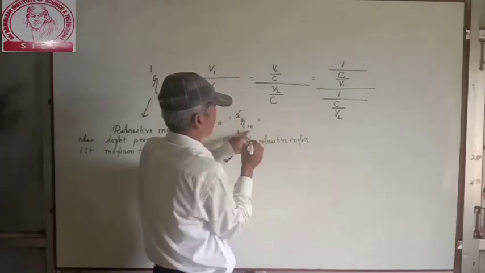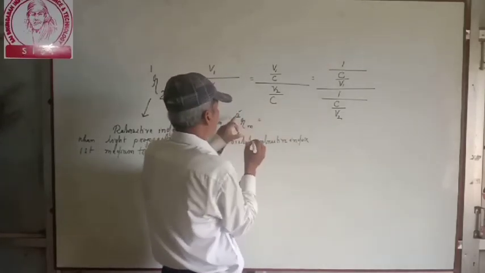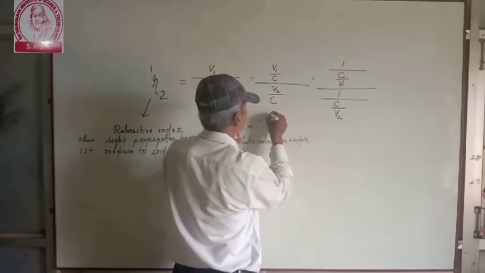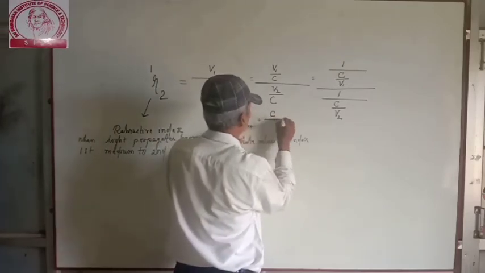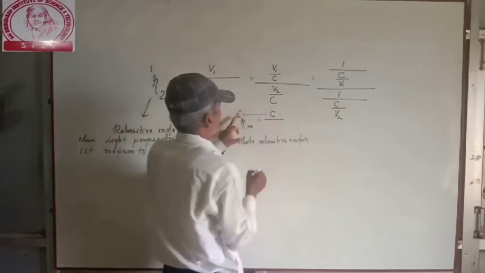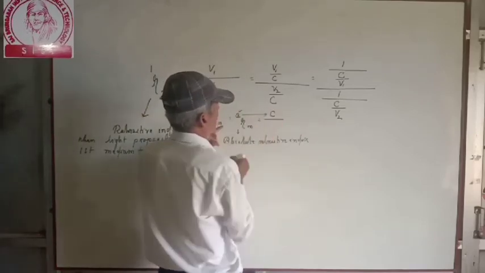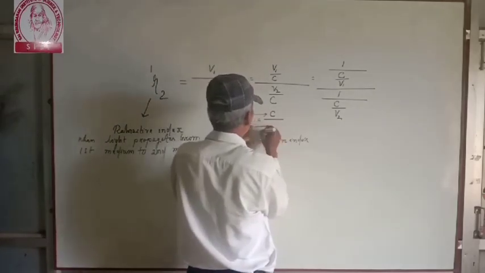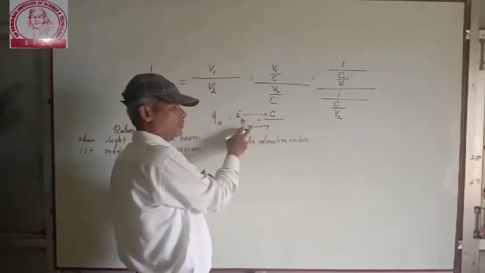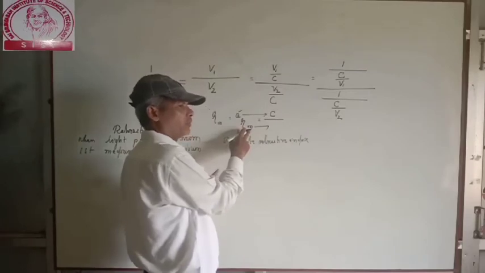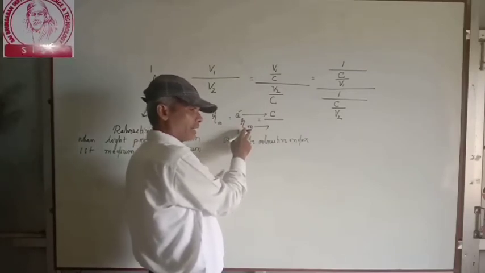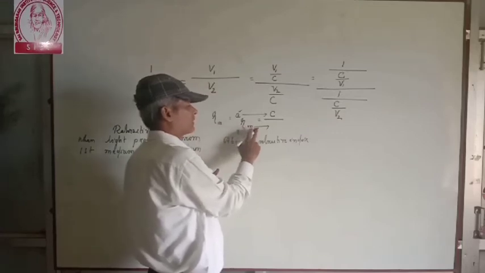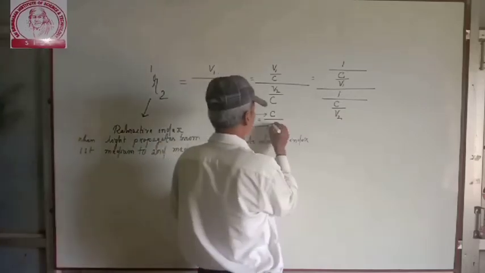A mu M means air, the velocity of light C, by the velocity of light in the medium, whether glass, oil or water, any medium, Vm.